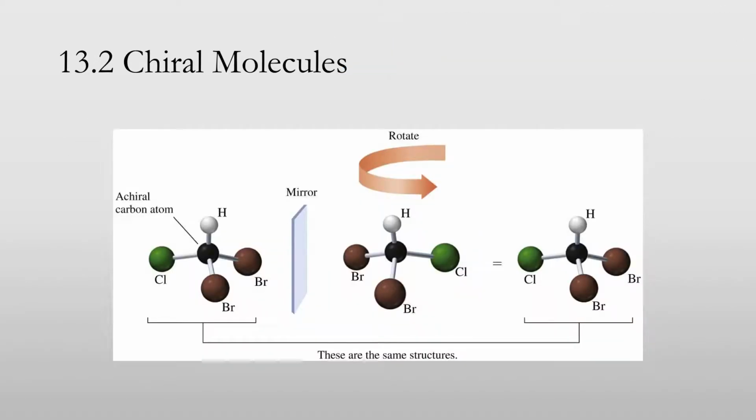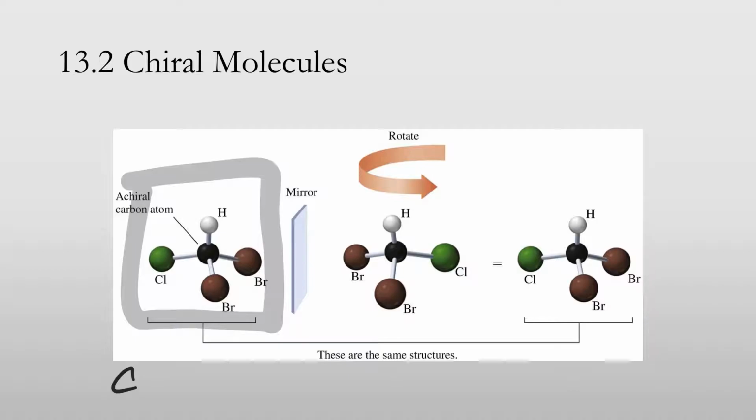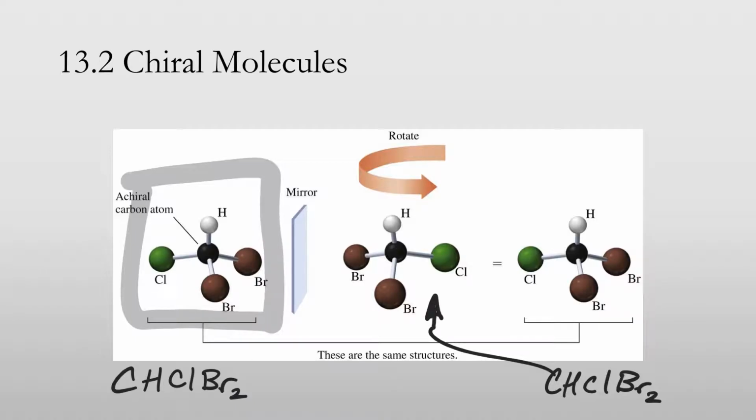All right, and so here's where we can actually visualize chirality. What you'll notice in the molecule on the far left here, we have the chemical formula of CHClBr2. And then we have CHClBr2 on the far right as well. Or I could say right there, actually in the middle.